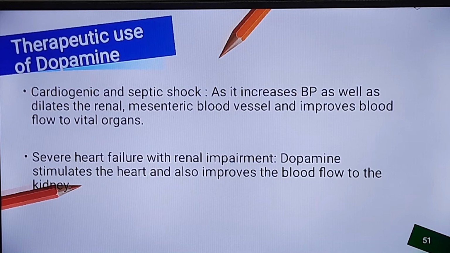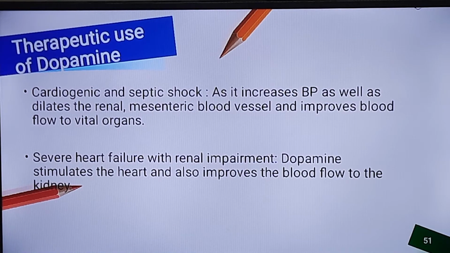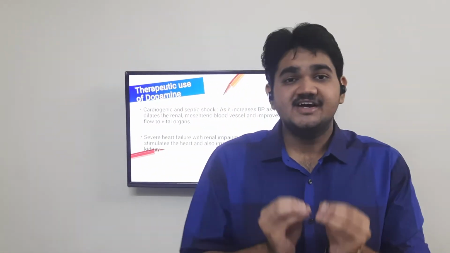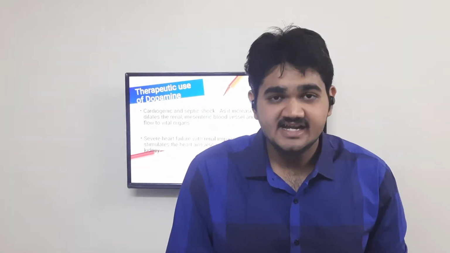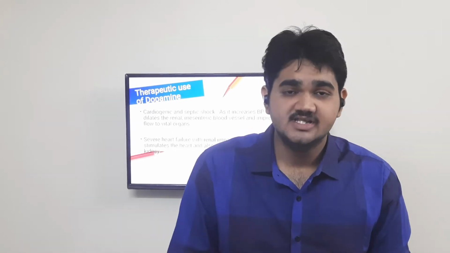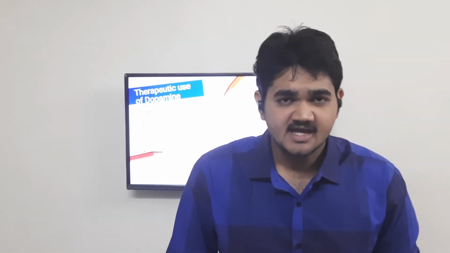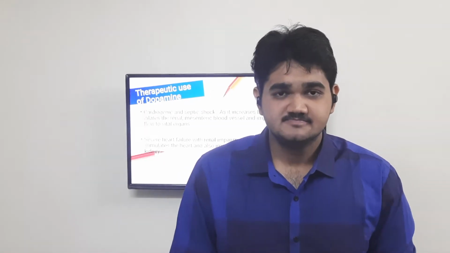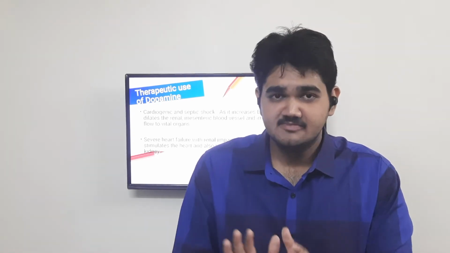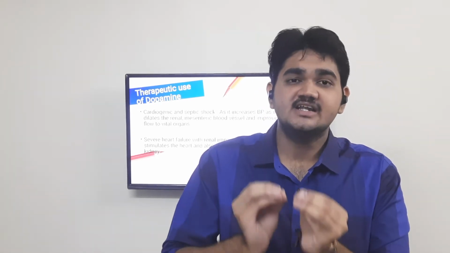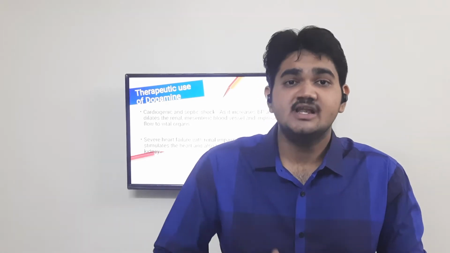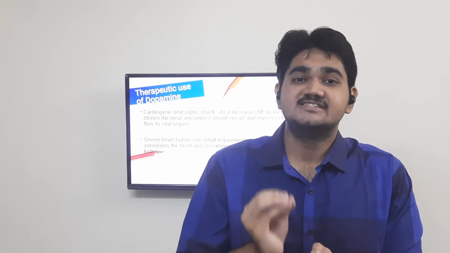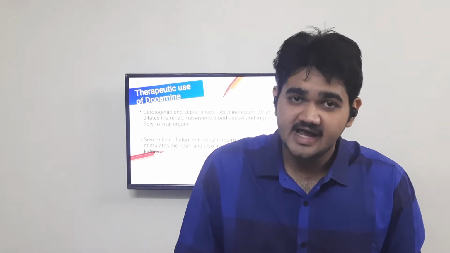Now एक condition और है जहाँ पे dopamine is the drug of choice, and that is shock along with oligourea. Now the question is, what do we mean by oligourea? Simply just remember, there is severe reduction in urine output. So in that particular case, dopamine is the drug of choice. Why?